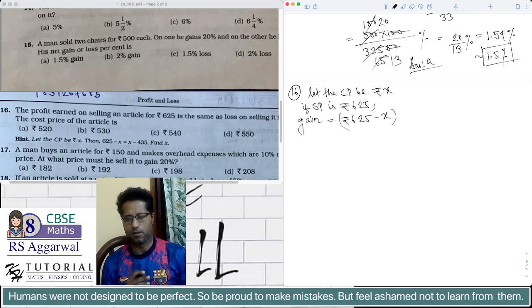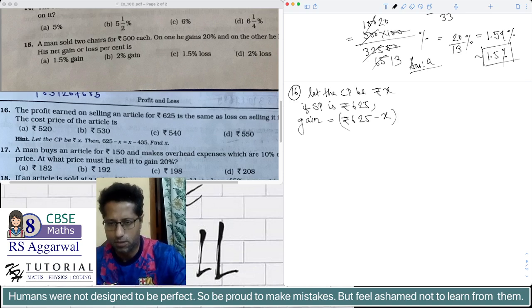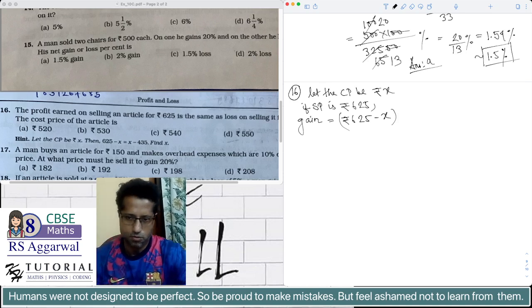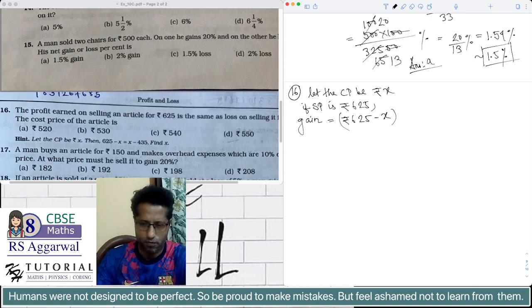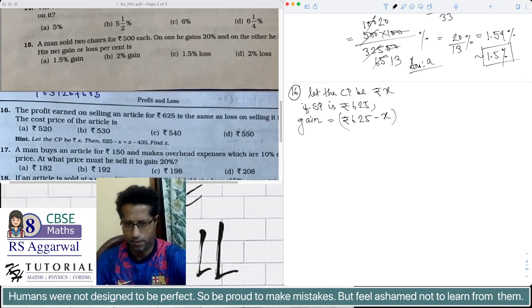If we have assumed the cost price to be rupees X, the profit earned when it is sold at rupees 625 will be 625 minus X. So this is the profit earned or gain.